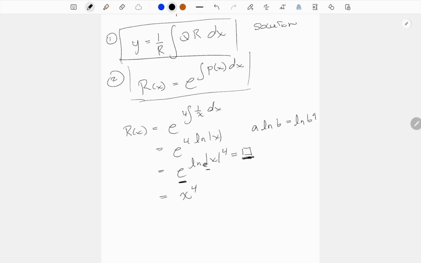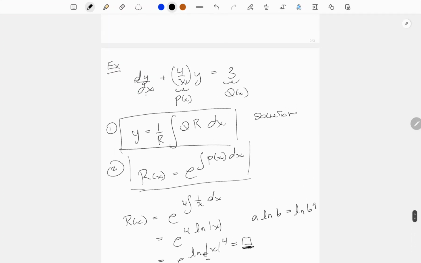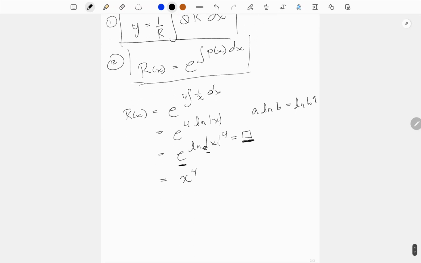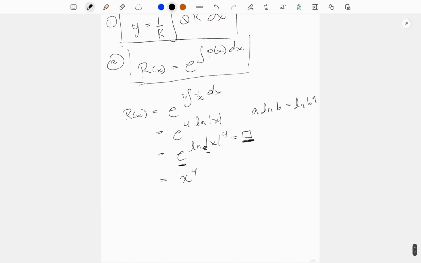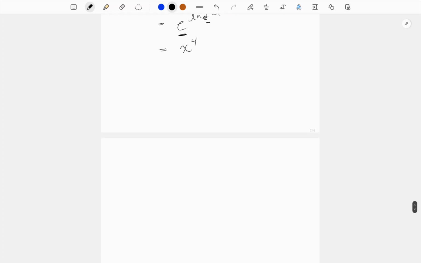Now I could have a constant in front if I really want, but again, r of x multiplies both sides of this equation, so I can cancel out the constant. I could divide both sides by that. So this is my r of x. So what is y in this thing?